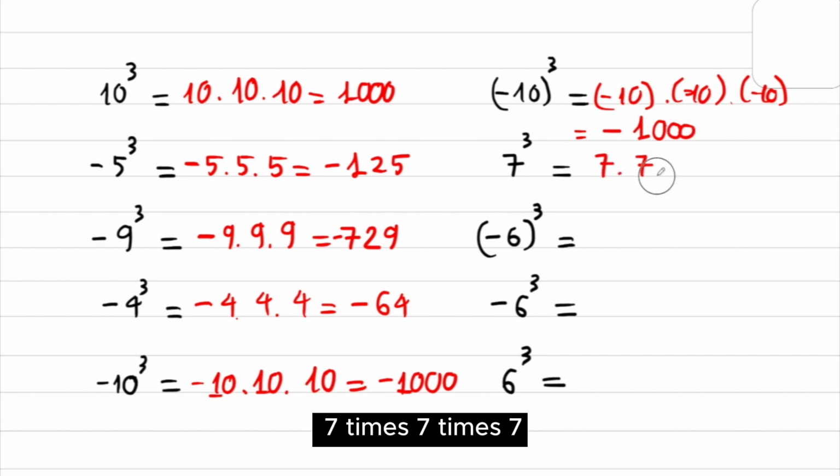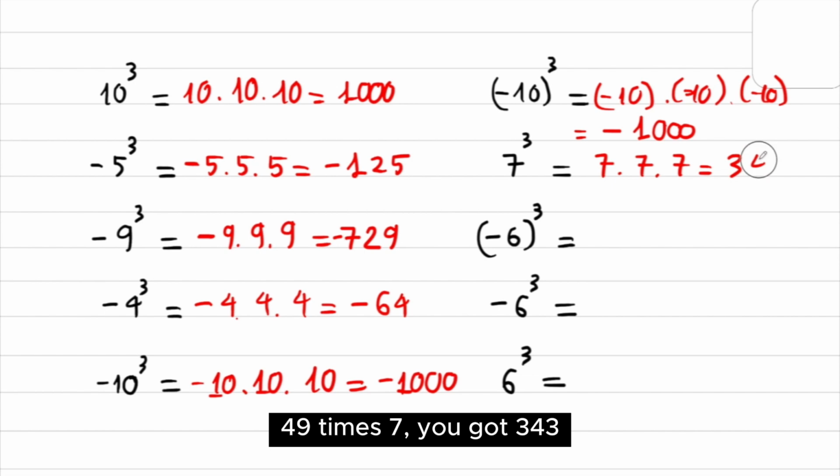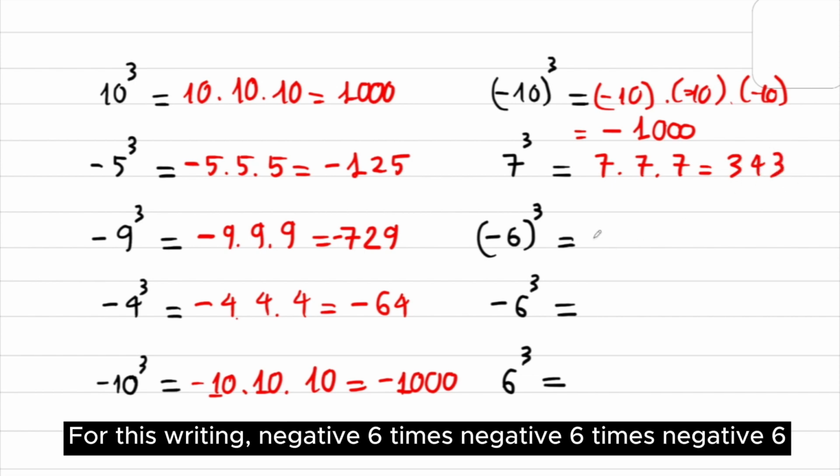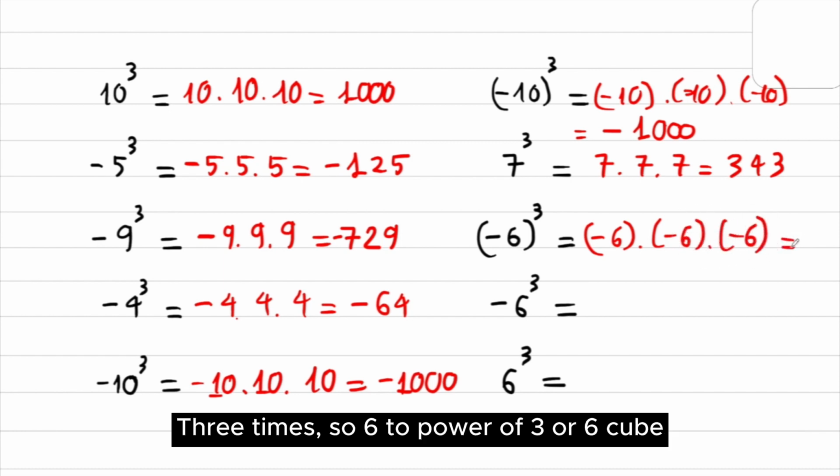7 times 7 times 7. 7 times 7 is 49. 49 times 7, you got 343. Yep. For this writing, negative 6 times negative 6 times negative 6, 3 times.